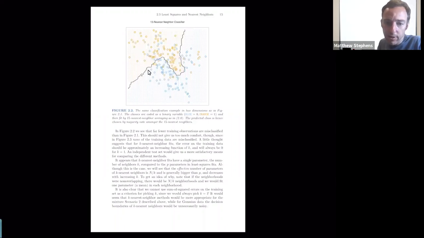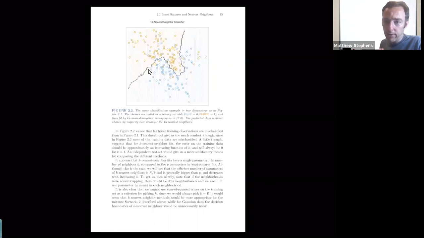So if it were here, for example, then most of its nearest neighbors are blue, and so it gets classified as blue. It takes a majority vote, in fact, in order to estimate the most probable class for a given new point.